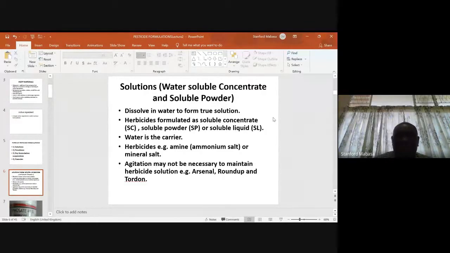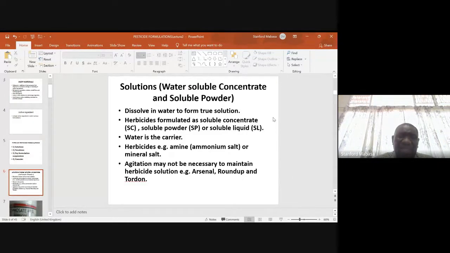What it means is that the concentrate or the powder can easily be dissolved in water to form a true solution. We have some herbicides which are formulated as soluble concentrate, and on the label it is written SC.